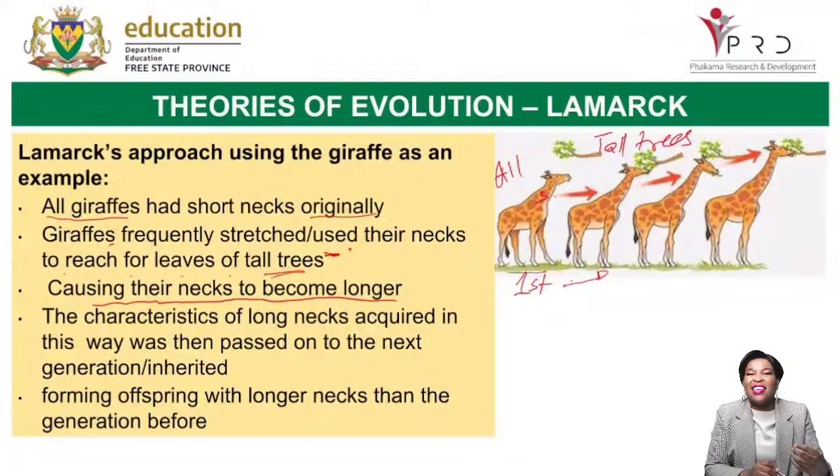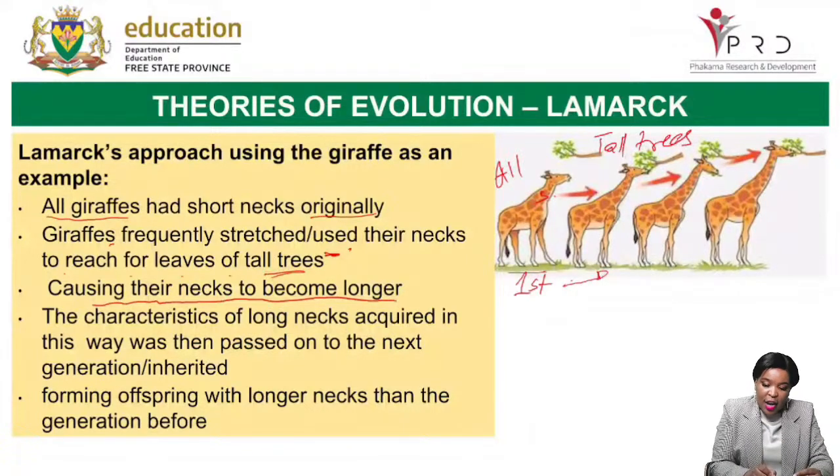I think you are thinking of many scenarios where you can try to practice this, but it will not work because we know that's not how science works. So he says that this caused their necks to become longer. Right. Now that the necks are longer, they kept on stretching and stretching until they are longer.